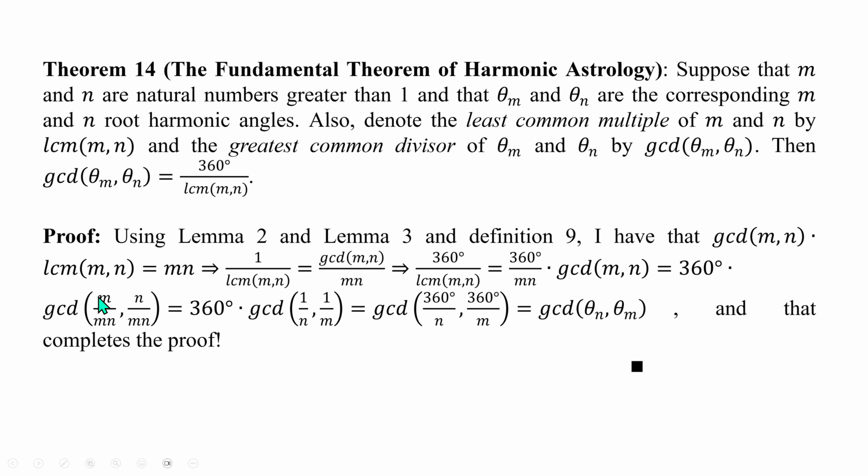But once I get this, I can reduce these fractions, and they reduce to 1 over N and 1 over M. And then I can move the 360 degrees back into this expression. I get the greatest common divisor of 360 degrees over N, comma, 360 degrees over M. But these guys, in turn, are going to be the root N and M harmonic angles, respectively. So this comes out equal to the greatest common divisor of these two root harmonic angles.